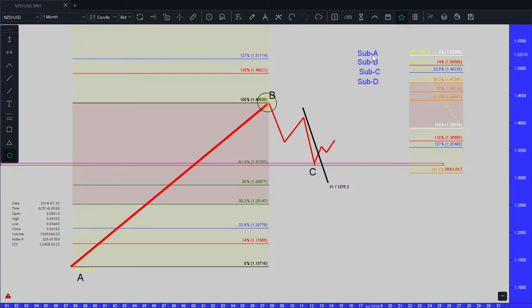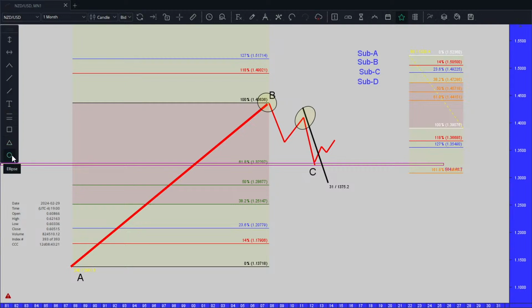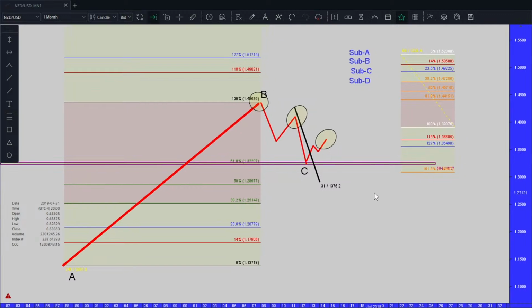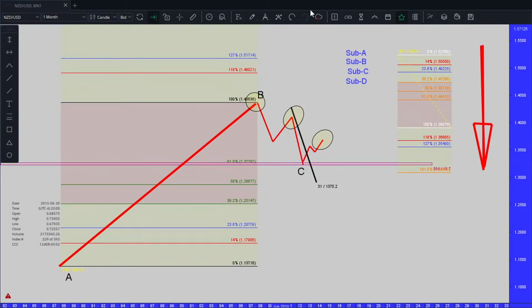Should I start charting my sub A at the second circle, or should I start charting my sub A at the third circle? And remember, the contrarian Fibonacci is nothing more than a Fibonacci that goes in the opposite direction compared to the original Fibonacci, all right?